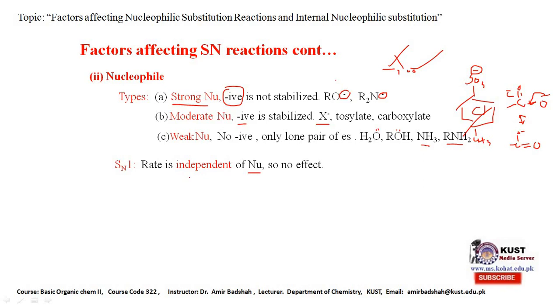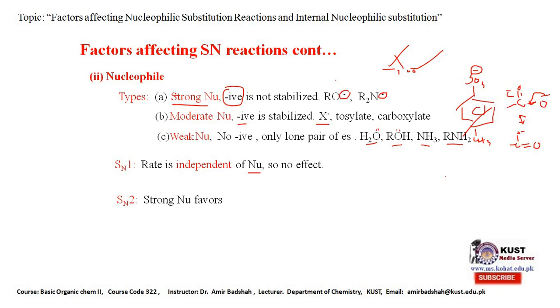So in that case the reaction is independent of the nature of the nucleophile. Whether we use a strong, moderate or weak nucleophile, it has no effect on the SN1 reaction. But mostly for SN1 we use a weak nucleophile, such as water, alcohol, ammonia or a primary amine.